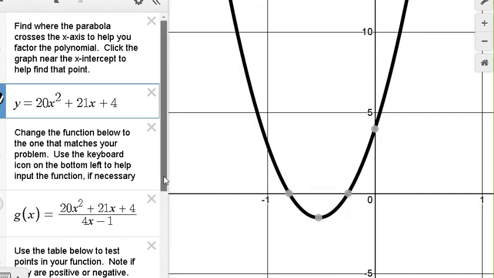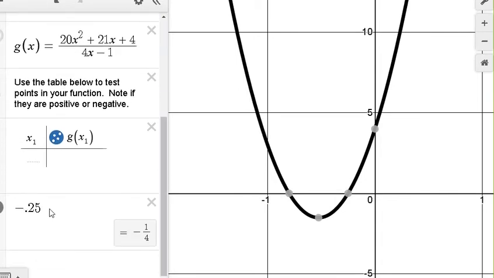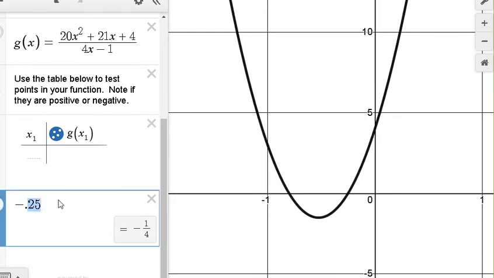And if you're not sure what negative 0.8 is as a fraction, at the bottom here I just typed in negative 0.25, and it gives you a fraction. Let me change that to negative 0.8. And it's negative 4/5. So at home, if you want a little shortcut on some of this, there it is. You can also do similar stuff on a graphing calculator.